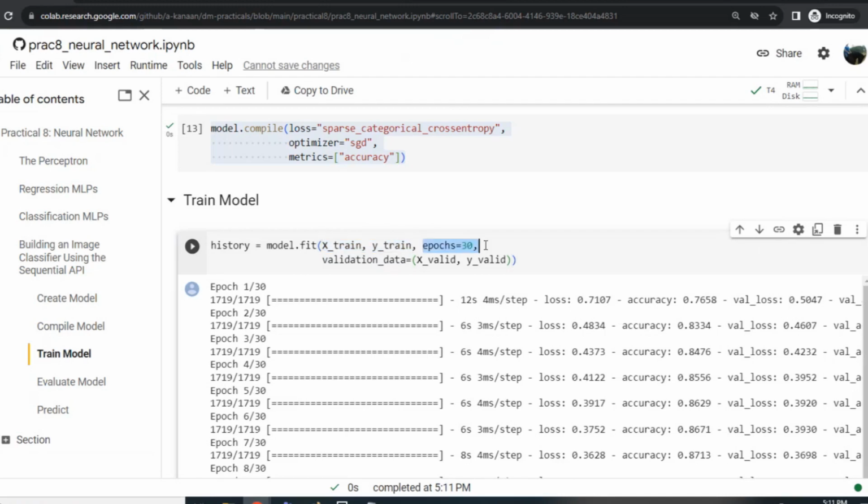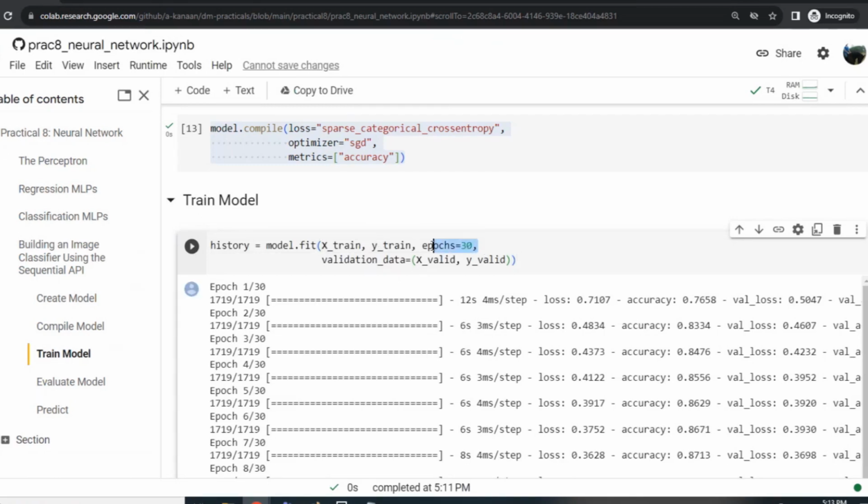What is epoch? Do you remember from the lecture what epoch is? You can ask ChatGPT. See what it says.